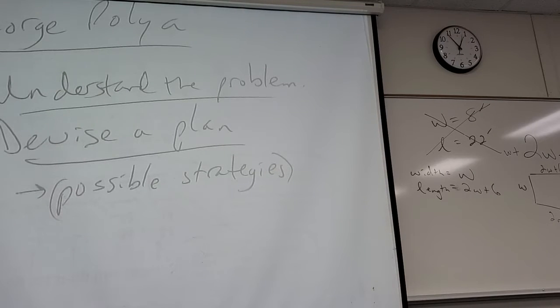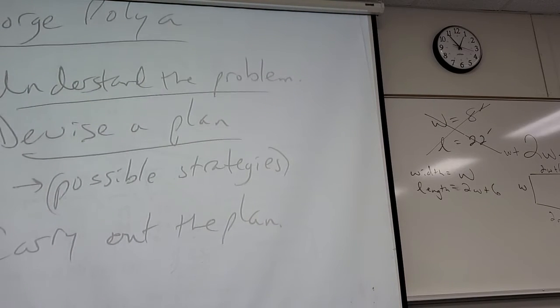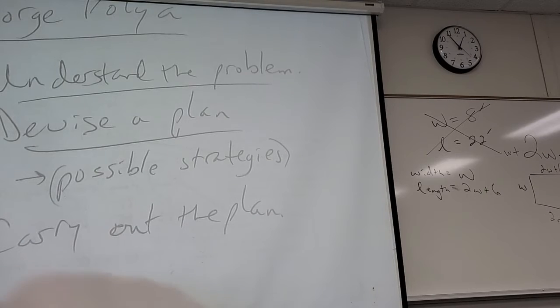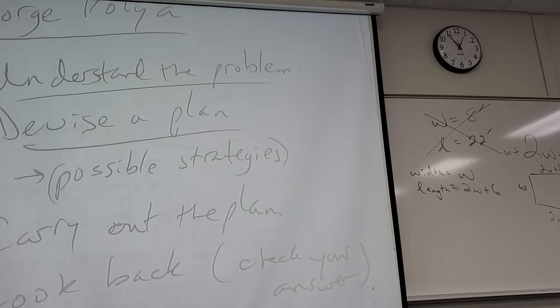Now, what do you think you do right after you figure out a plan? Do it. So carry out the plan. And then step 4, they call it look back, which normally is the old check your answer. But it's also look back.